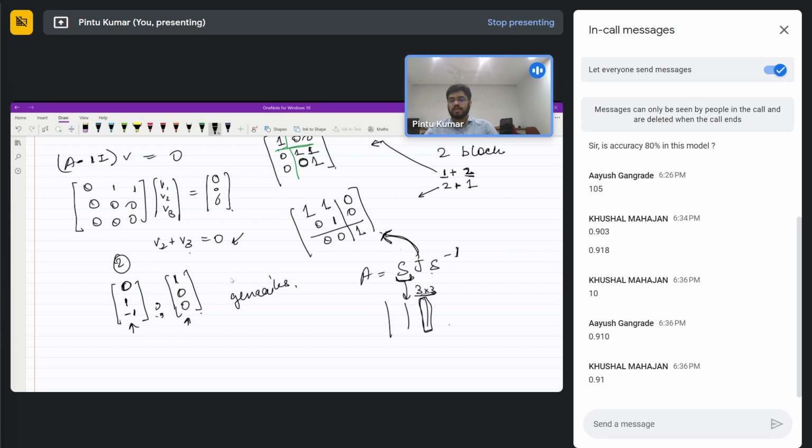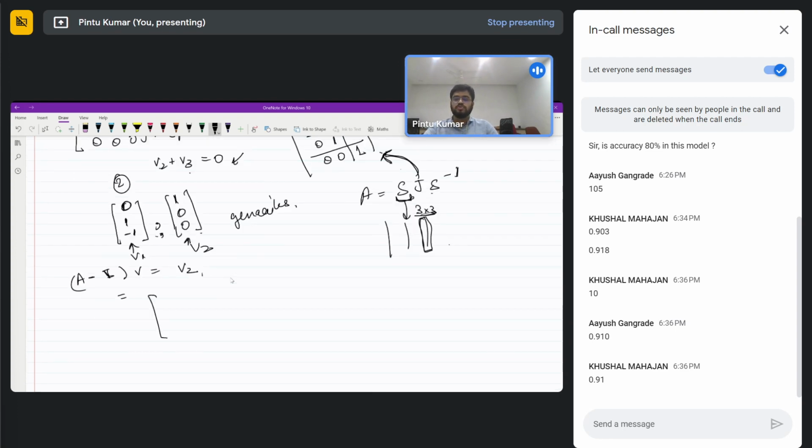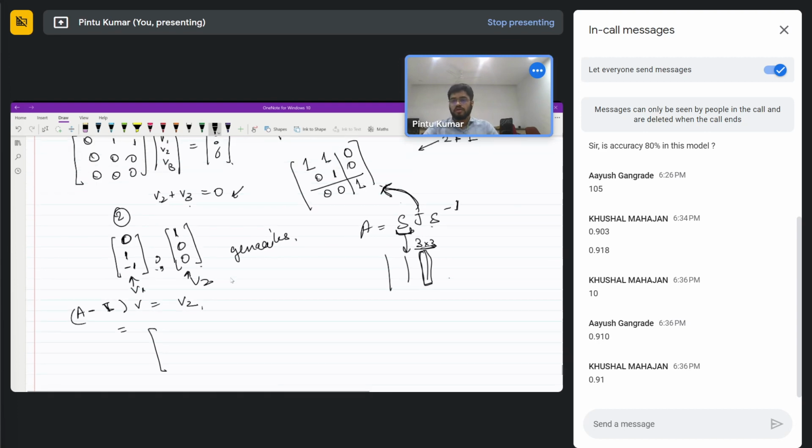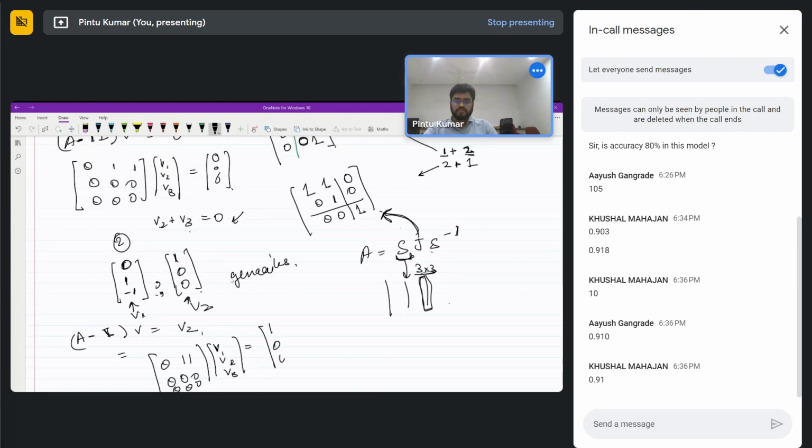So how do we calculate the generalized eigenvector? Let's call these V1, V2. We can take any one of them. So (A minus identity) times V is equal to, let's take it as V2. This reduces to 0, 1, 1, 0, 0, 0, 0, 0, 0 times, let's say, V1, V2, V3, and this is equal to 1, 0, 0.